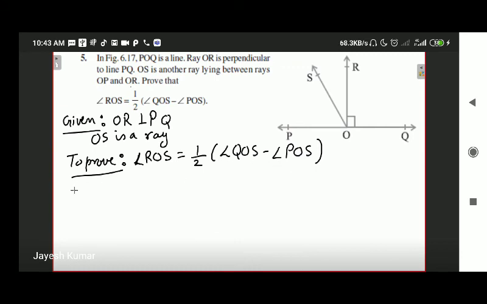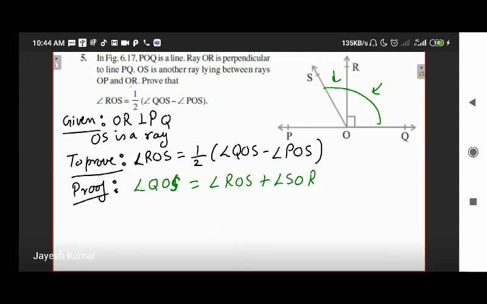Okay, let's start with the proof. Like I told you, I am going to start with the largest angle, angle QOS. I am dividing angle QOS into as many parts as I can. So angle QOS can be divided into two parts: angle ROS and angle ROQ.